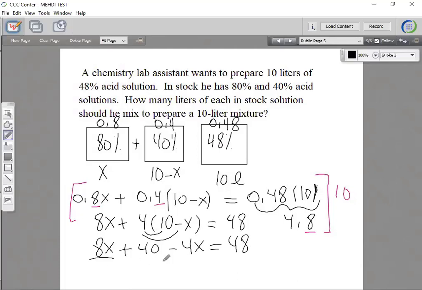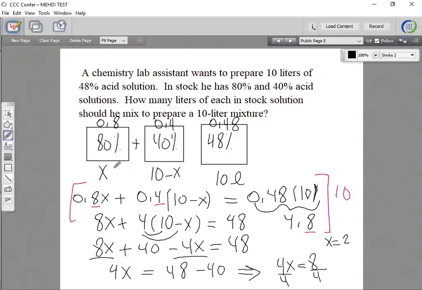To solve for x, 8x minus 4x gives me 4x. If I subtract 40 from both sides of the equation, then I get 4x is equal to 48 minus 40, which gives me 8. Divide both sides by 4. So what is x? x is equal to 2. Now you need to have a unit for this. This will be 2 liters.